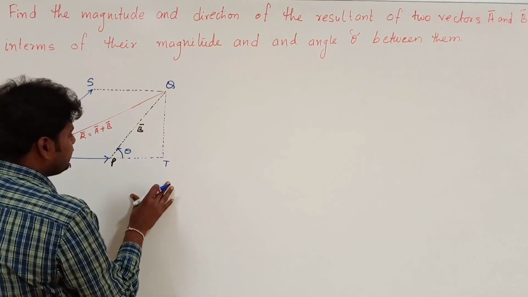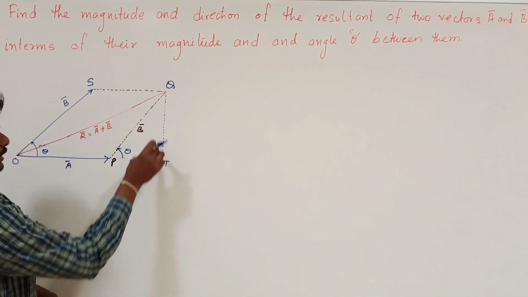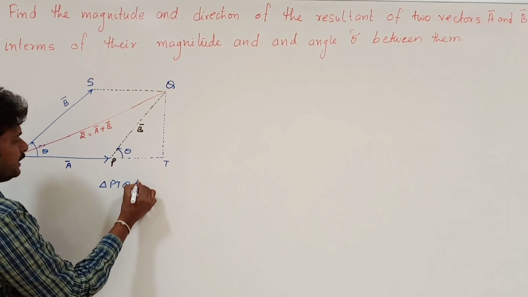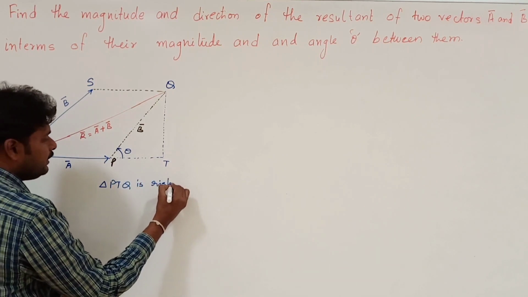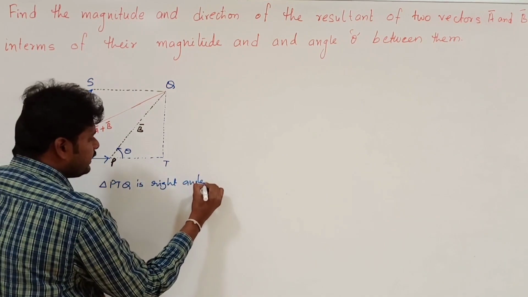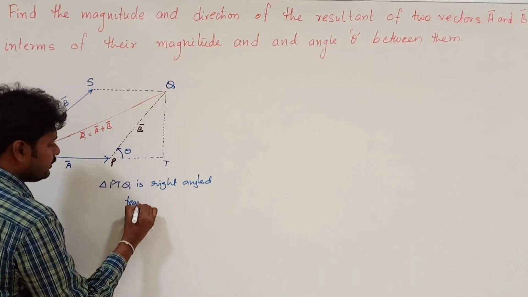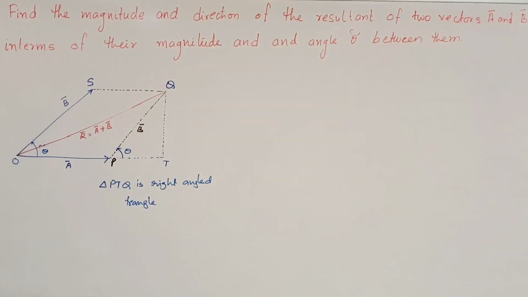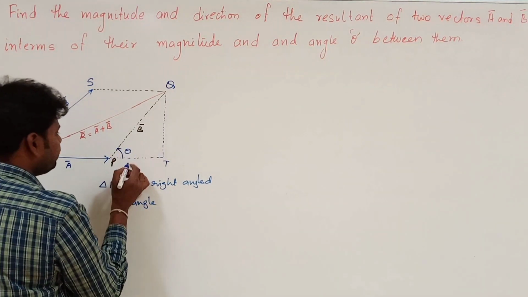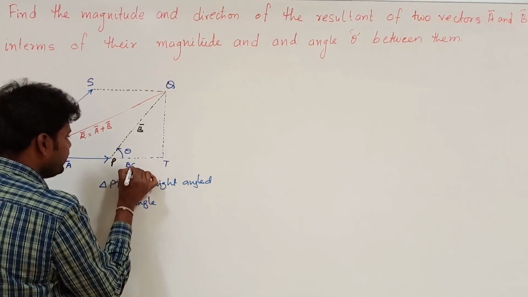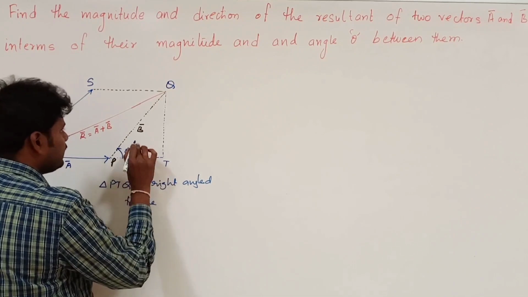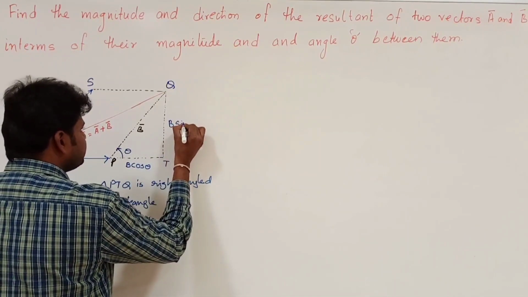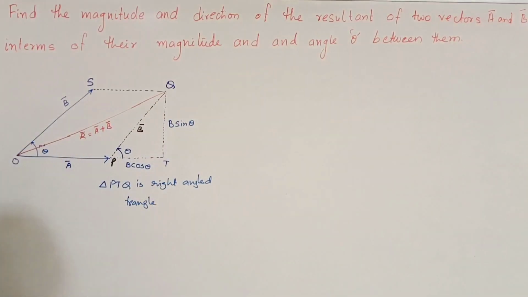See, I am extracting this triangle PTQ, which is a right angle triangle. So, the adjacent component is B cos theta and the opposite component is B sin theta, right.